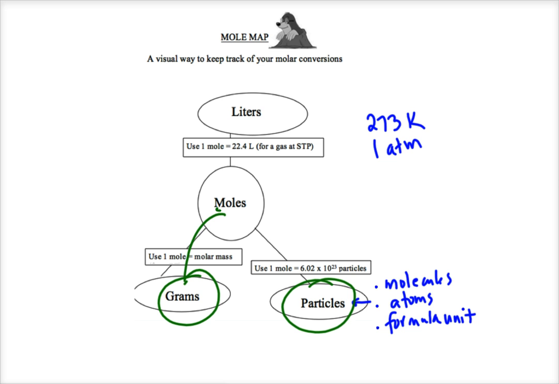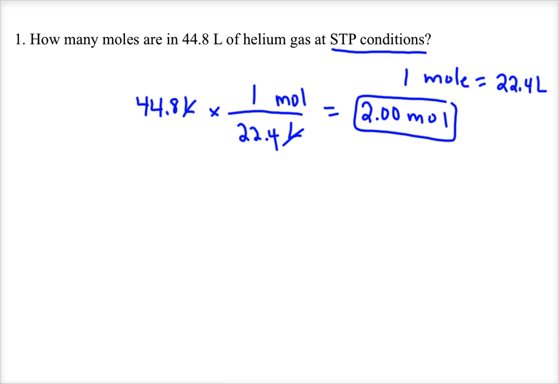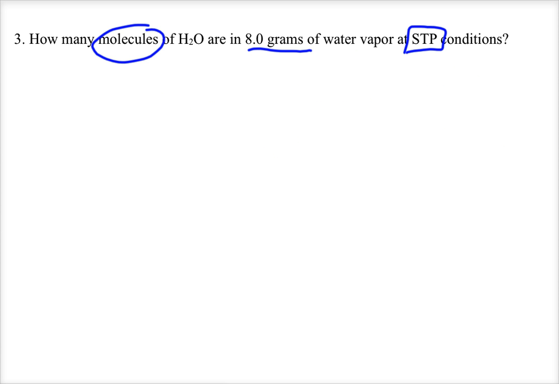Instead, we have to first convert to moles using molar mass, and then convert to particles using Avogadro's number, that's 6.02 times 10 to the 23. We will not need to use the 22.4 for this particular problem because we're not being asked to convert into liters. So let's go back to that problem. We're starting with 8.0 grams.